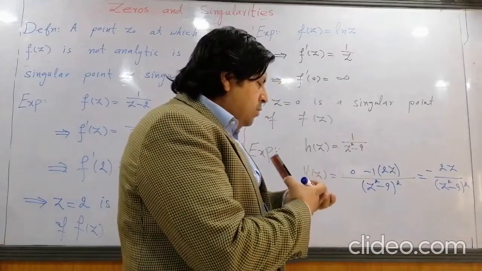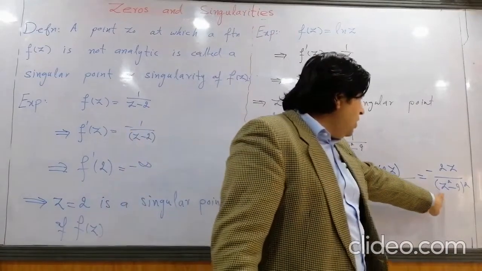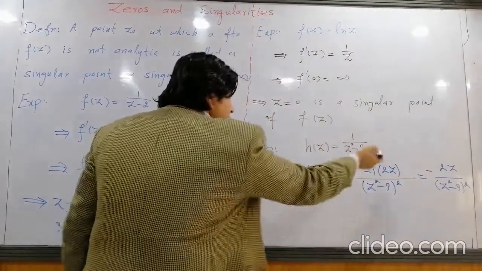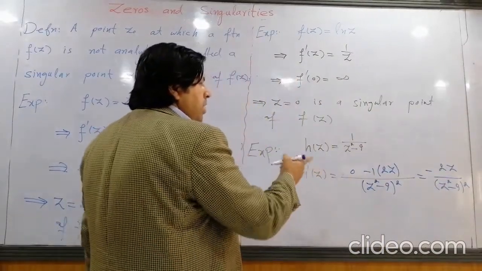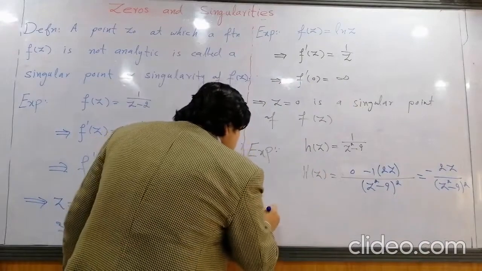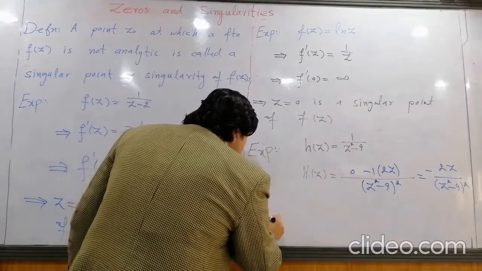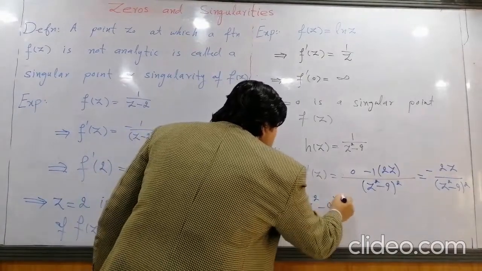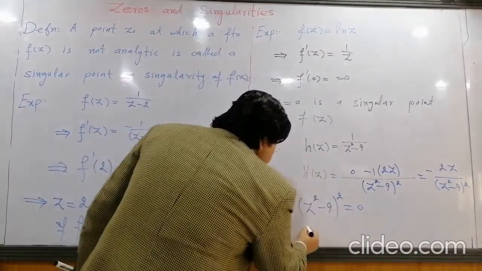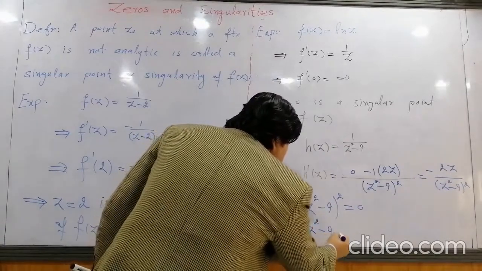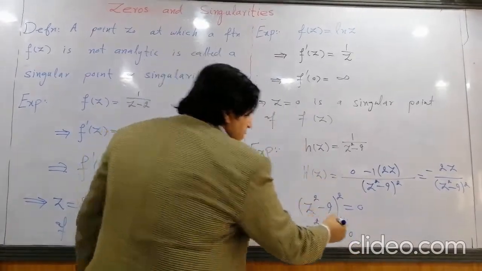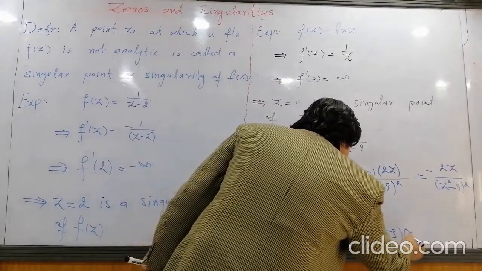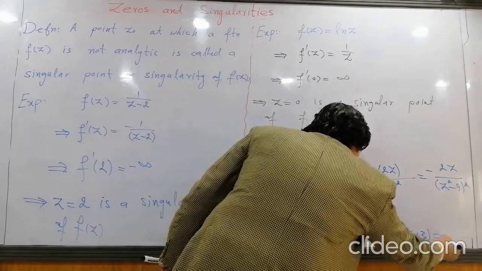So sometimes we are given a function and we have to find its singular points. In that case, we have to differentiate the function, and then we have to put the denominator equal to 0. And the roots of the denominator must be singular points. So let us put z square minus 9 whole square is equal to 0. This implies z square minus 9 is equal to 0, and from this we get z minus 3 into z plus 3 is equal to 0.